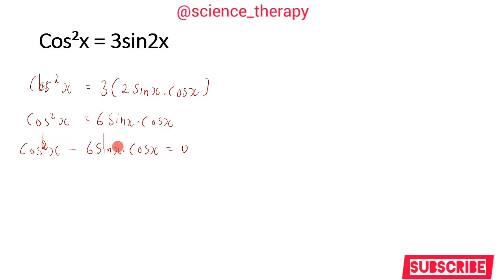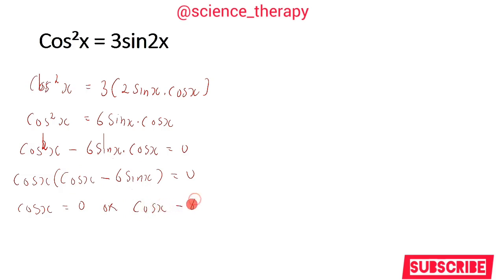At this point, we can see that we have a common factor of cos x, so we can just factor out this cos x, and then here we'll be left with cos x minus 6 sine x, equal to 0. Now at this point, you can just take this cos x and equate it to 0, and then have whatever is inside the bracket equated to 0 also.